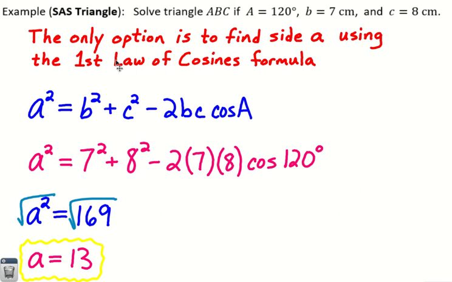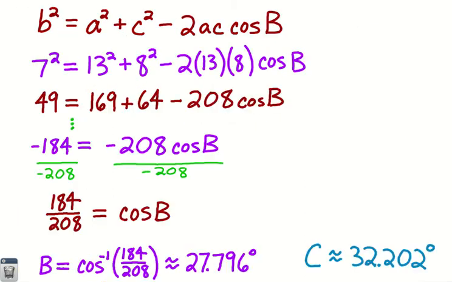But if what you are forced into doing is the law of cosines at first, I would say just please do the law of cosines again. So do the law of cosines, do the law of cosines again, to get your second answer, and then you don't really need that to do the third answer.